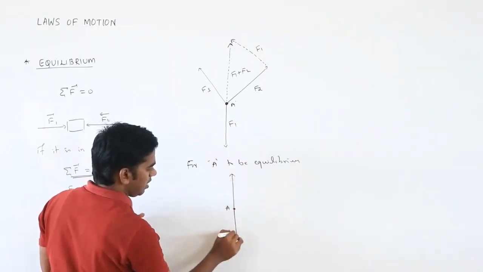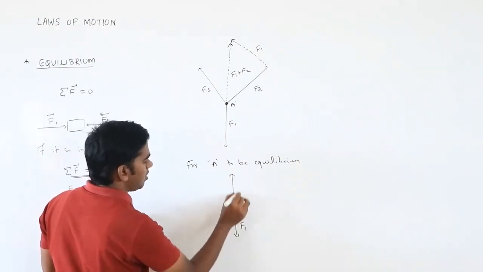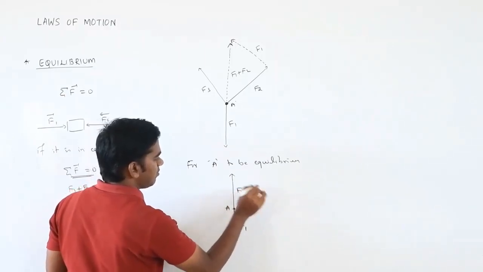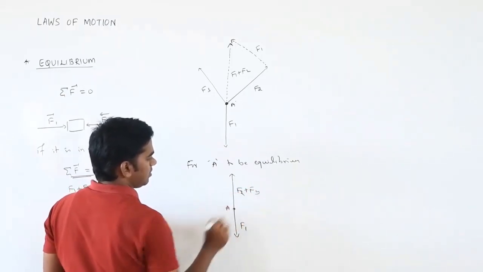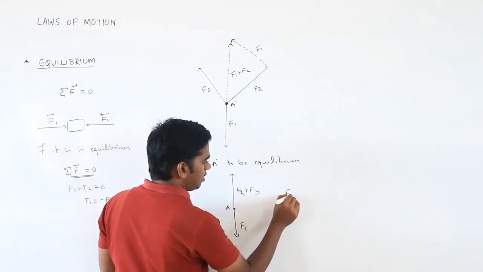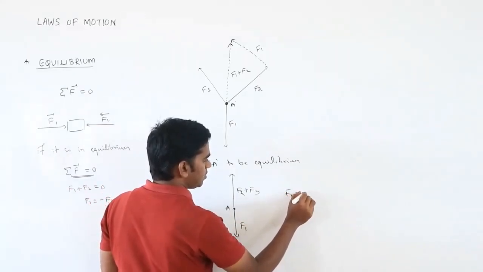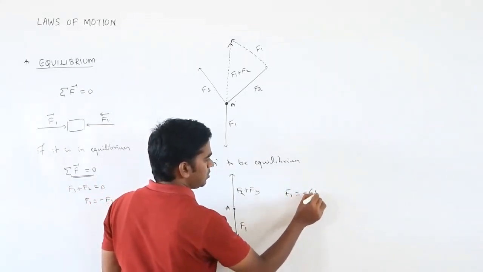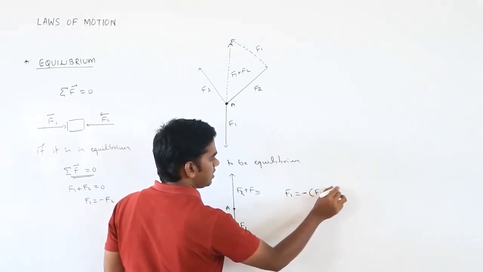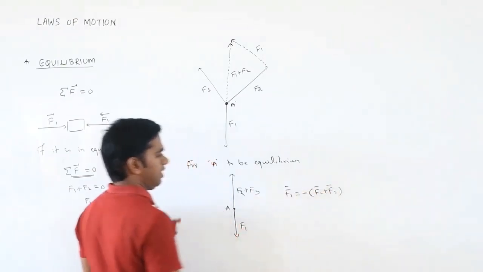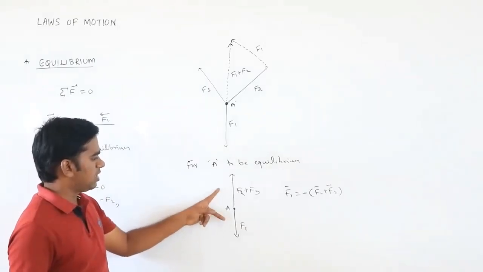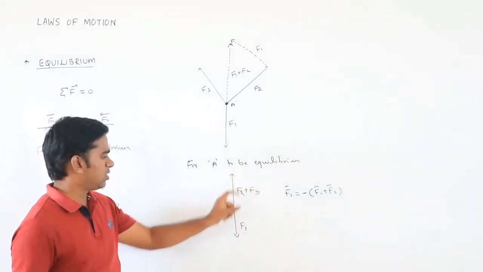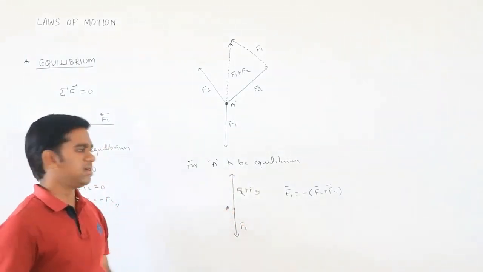What we got is like this now. This is A, and here this is F1. This will become F1 plus F2 plus F3. So now F1 should be equal and opposite to F2 plus F3. These are vectors. Obviously, if these two are equal and opposite, this particle A is going to be at rest.